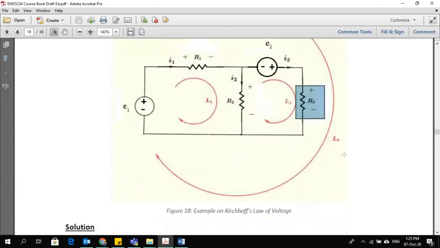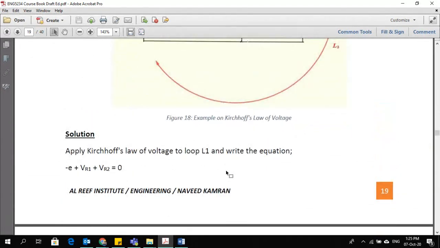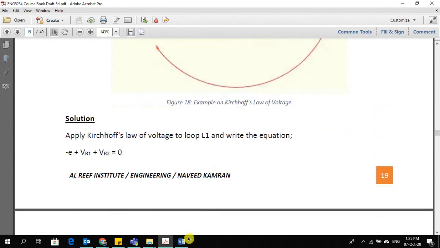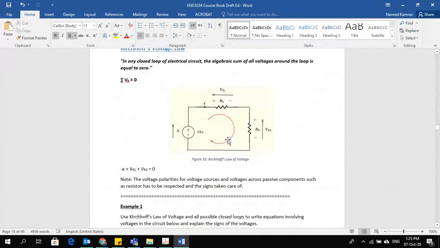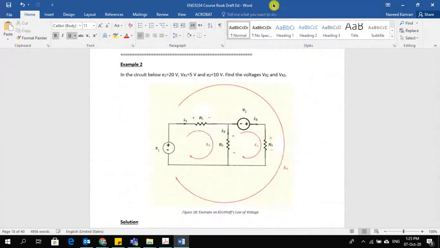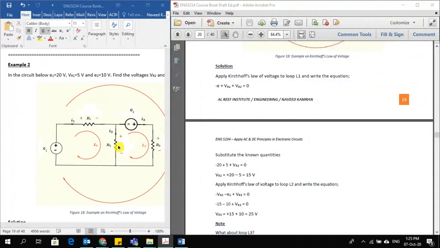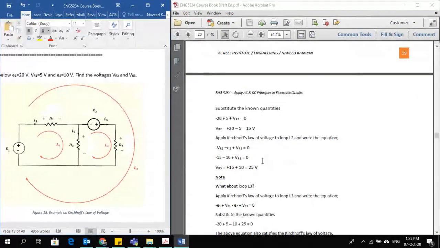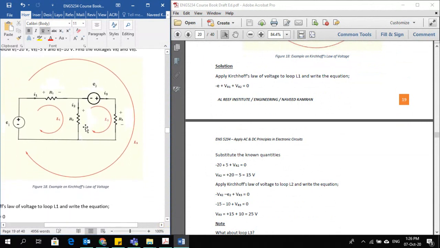So we will try to solve this question by formulating equations for each loop. I brought this window up side by side so that we can see the circuit all the time while we are solving the question.